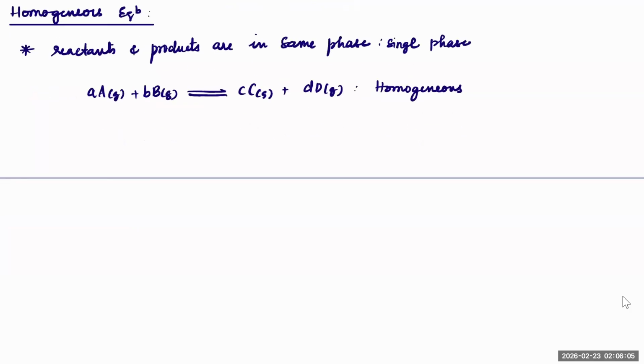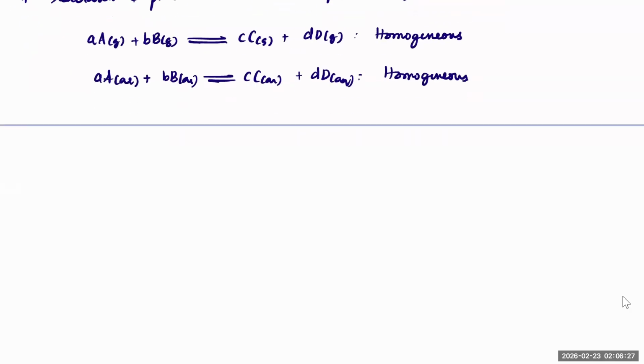Got it? Or if you have A in aqueous solution, B in aqueous solution, C in aqueous solution and D in aqueous solution, then this is also a homogeneous equilibrium. Clear?